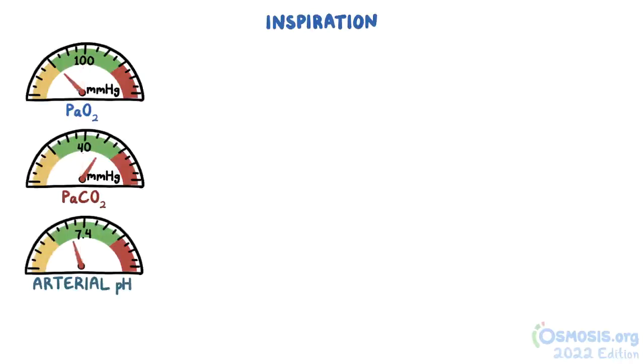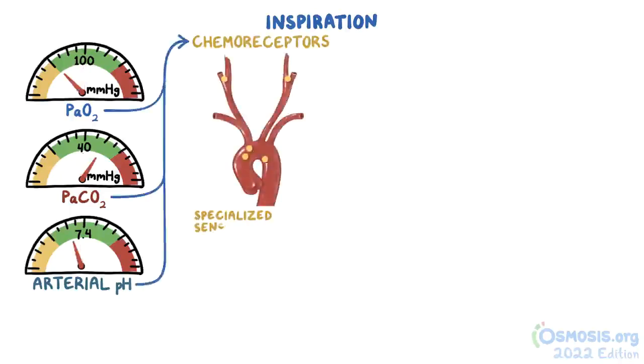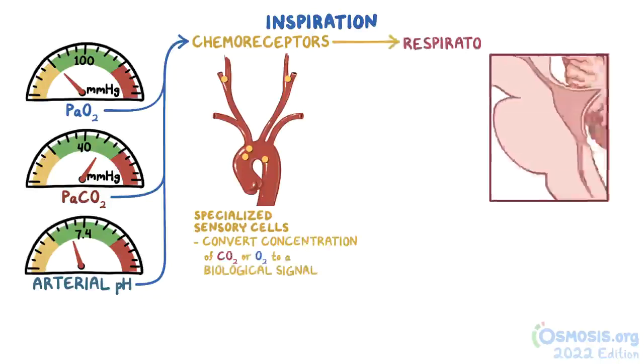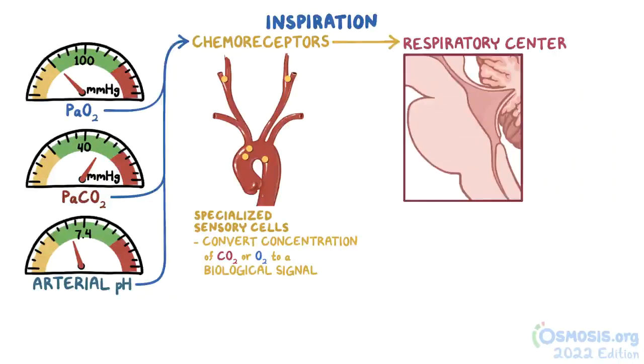Changes related to these markers activate a series of receptors called chemoreceptors, which are specialized sensory cells that convert the concentration of a chemical substance in the blood, such as carbon dioxide or oxygen, to a biological signal for the respiratory center located in the brainstem.